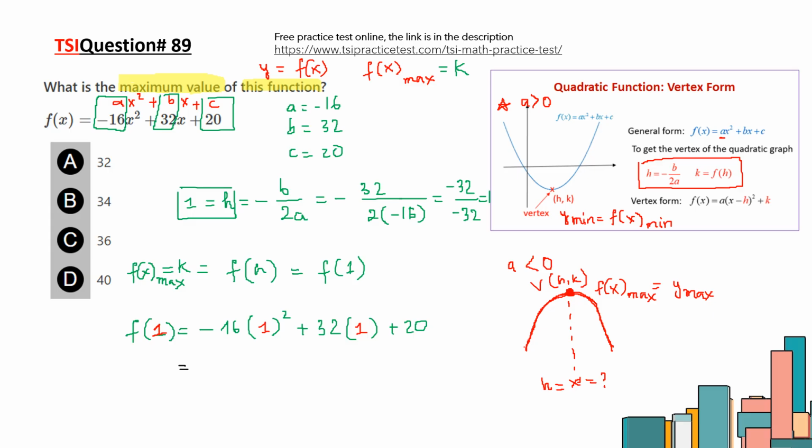We have negative 16 times 1 is negative 16, and 32 times 1 is 32, and 20. Now, negative 16 and 32 is 16, and 20. Final answer, 36. So k is equal to 36, which means f of x max is 36 when x equals 1. This one is the x value.